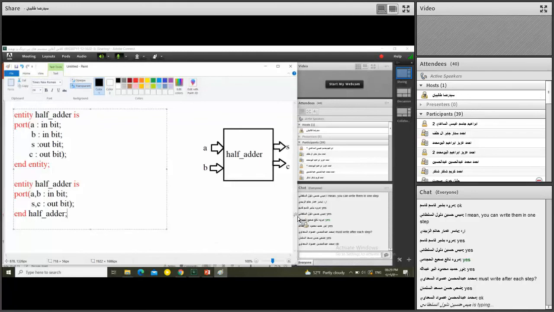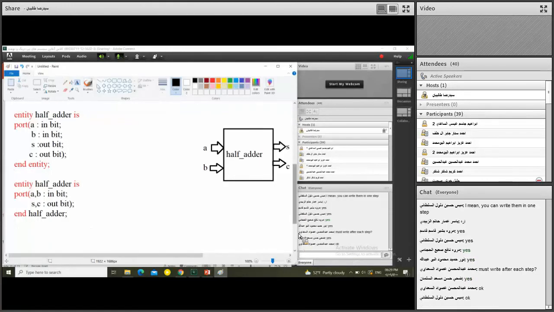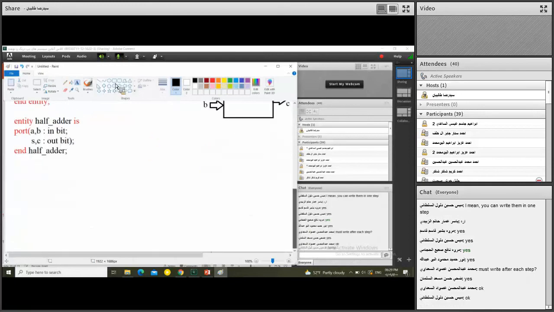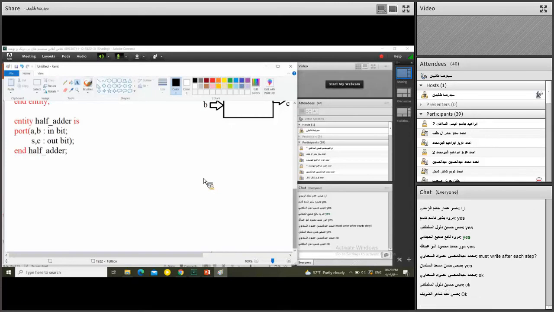Another example. Let me write another example here.